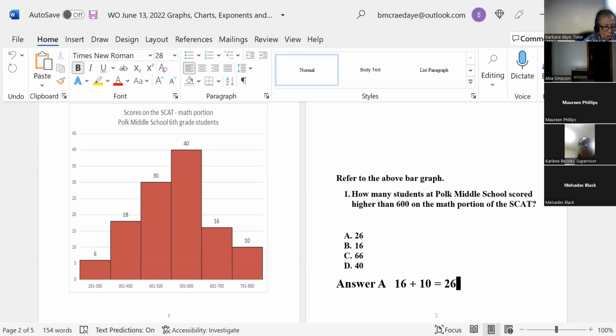Is it right? Yes, because both of these ranges are higher than 600, right? You have this bar and this bar, so you add both of them and you get the answer. That's right, Alva.